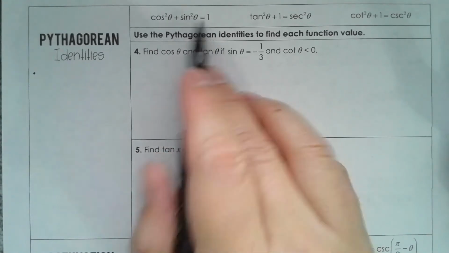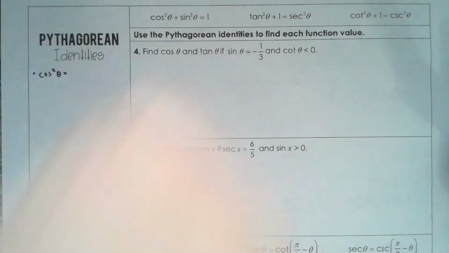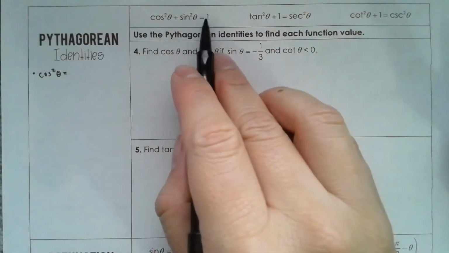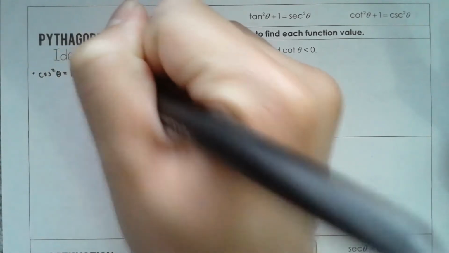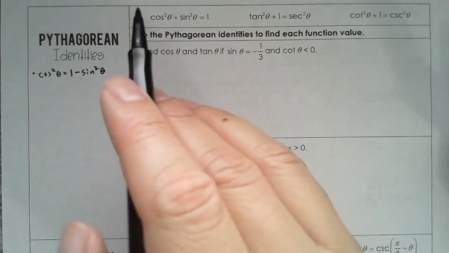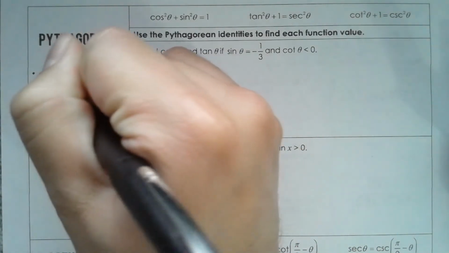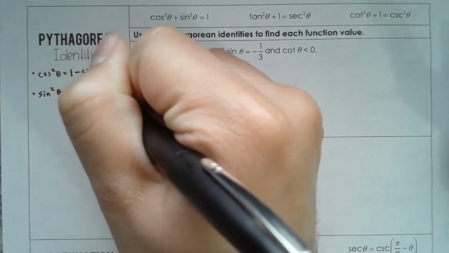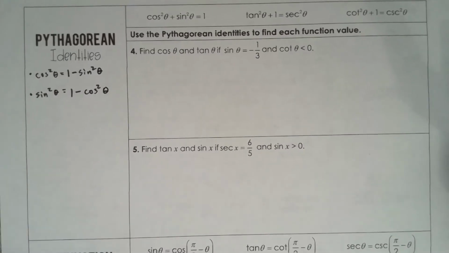If I subtract sine squared theta from both sides, that'll give me cosine squared theta is equal to 1 minus sine squared theta. So here's another identity. I can also subtract cosine squared theta, and that'll give me sine squared theta is equal to 1 minus cosine squared theta. Similarly, I can do the same with this identity.